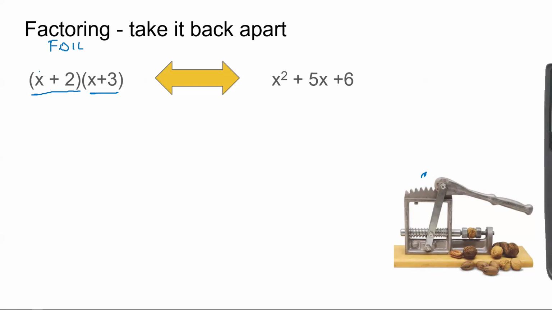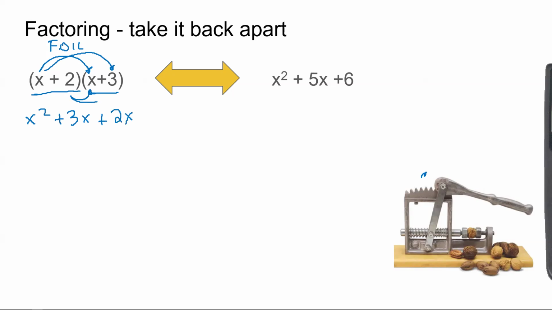The first times the first, that would be x times x, which is x squared. And then I need to do outer, O, which would be the outer times the outer, the first one times the last one here. And that would be 3 times x. And then I can do the inner times the inner. So that would be 2 times x, another 2x right there.